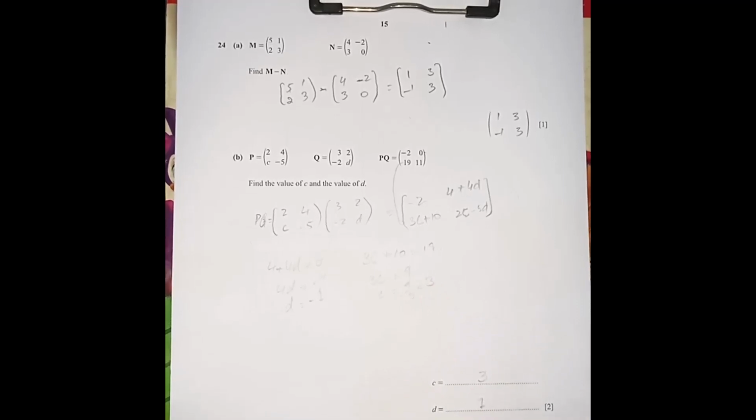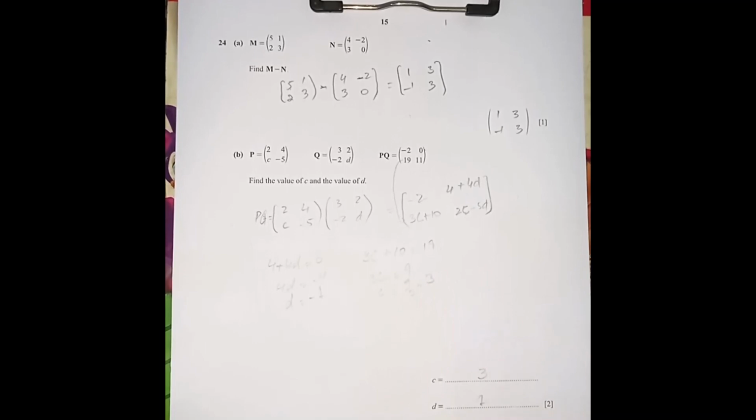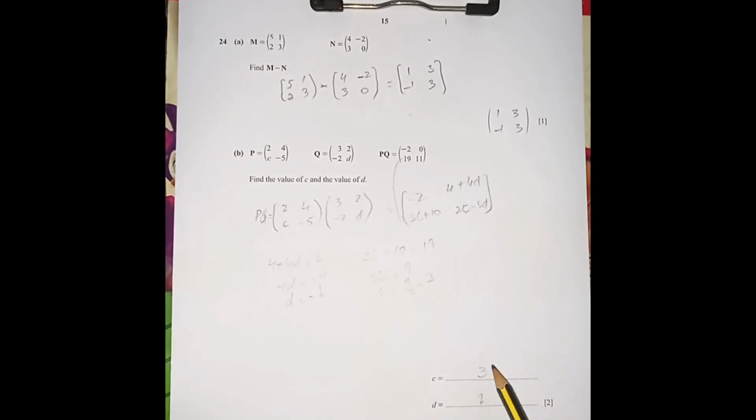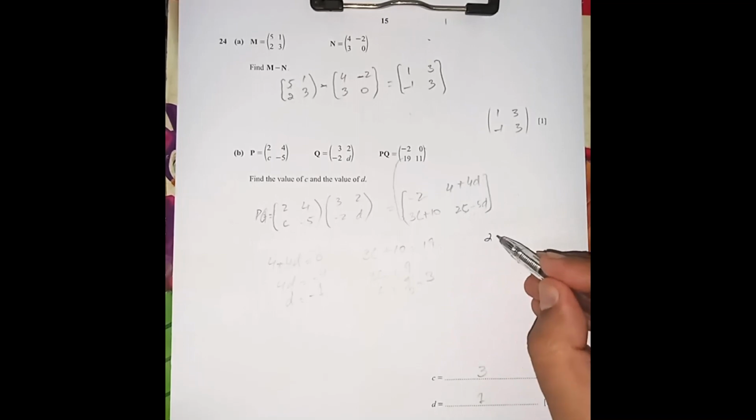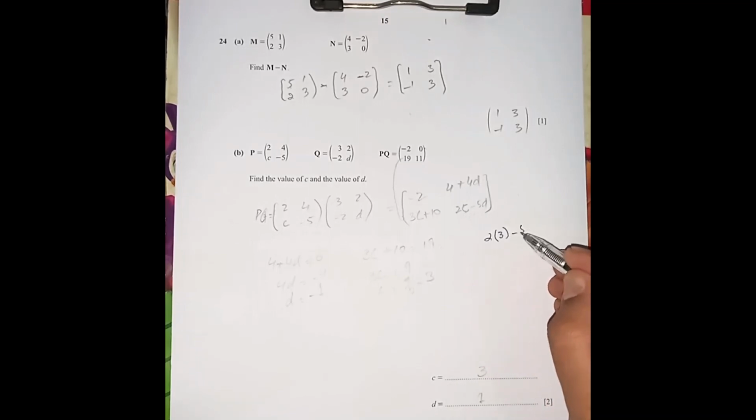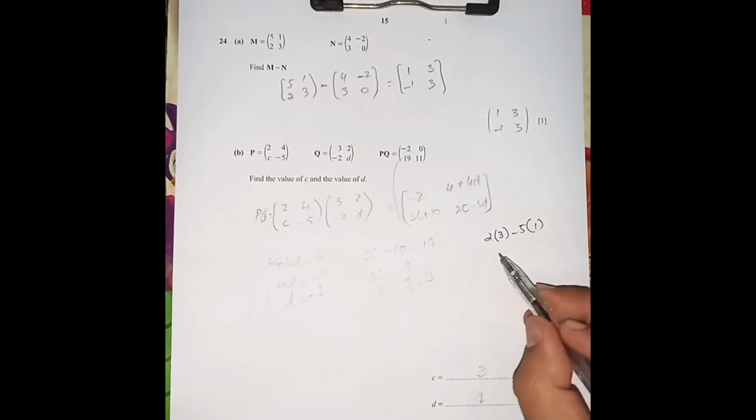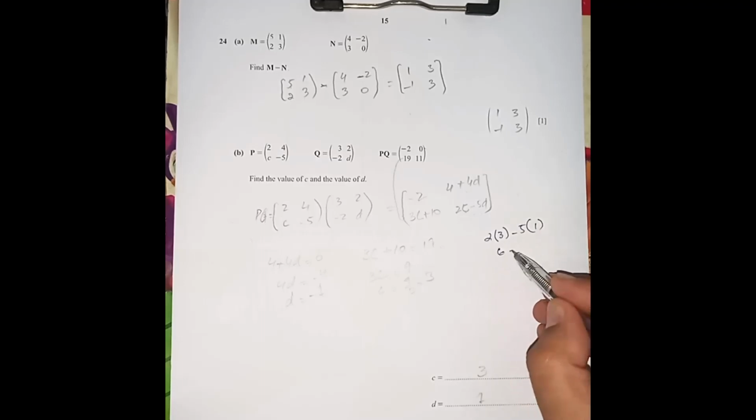You can check if you want to check this one, the C. We can check like this: 2C, the C value is 3, minus 5D, the D value is 1, so it's 6 minus 5.